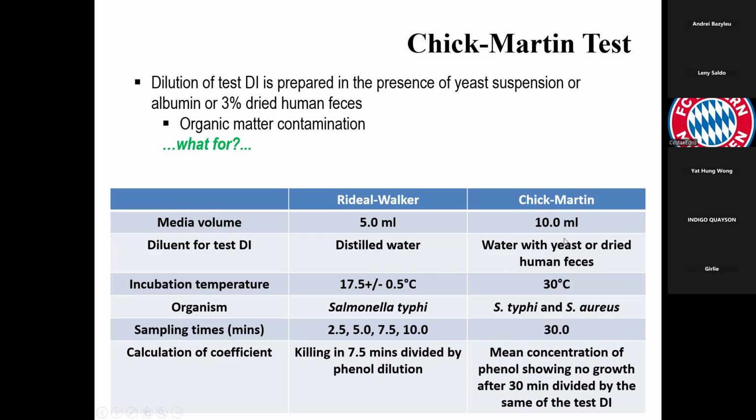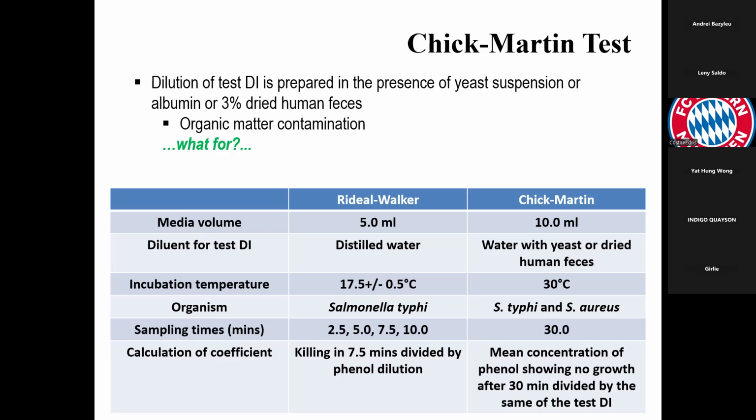So that's why scientists use either a solution of albumin, it says actually here, 3%, dried human feces or yeast matter to introduce that contamination factor. And as we will study later today, as we go through a bunch of classes of disinfectants, not every disinfectant is equally efficient in a solution that is contaminated with organic matter.